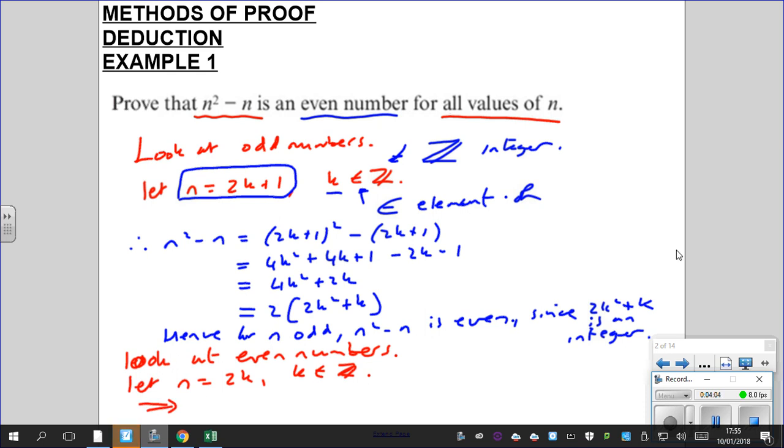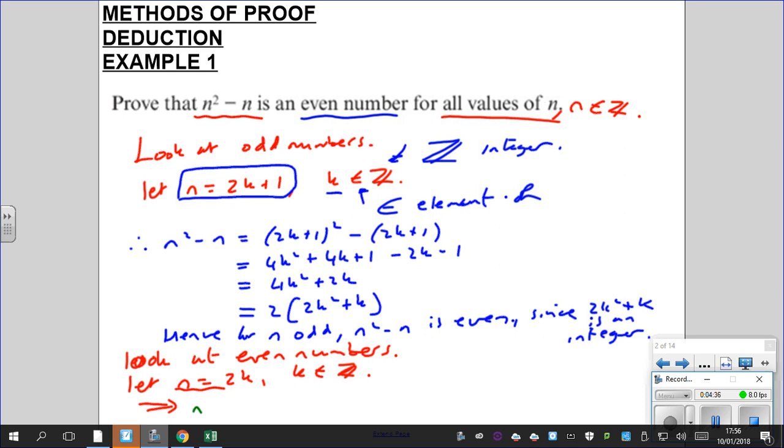It does have to be an integer, because I just tried it with n being 0.3 and it definitely wasn't even. So it shouldn't really say for all values of n, it should say for all values of n where n is an integer.